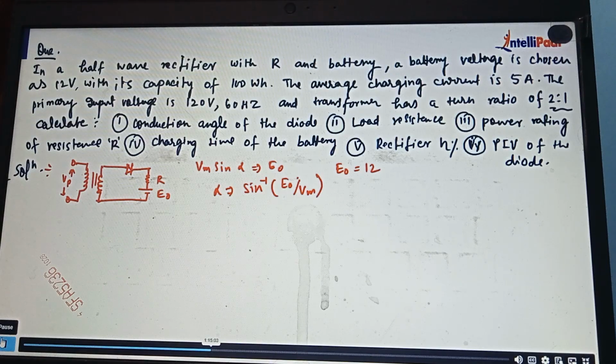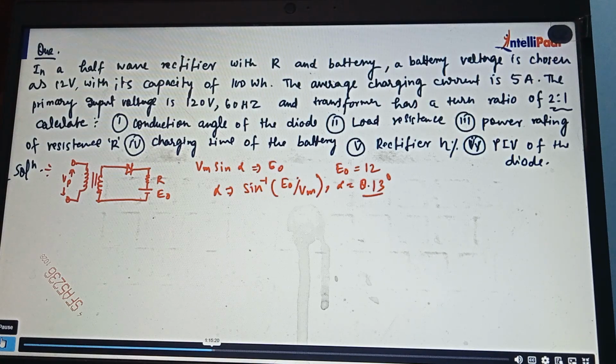Yeah, alpha is equal to 8.13. Very good. Degree, right?